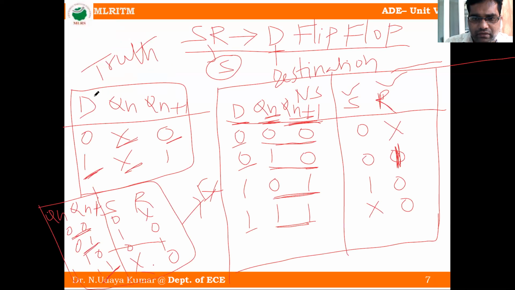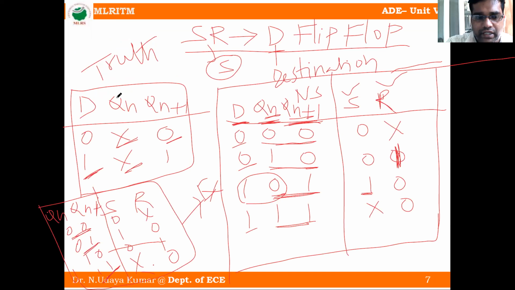Now for S, for 1 0 we are getting 1. If D is equal to 1 and Qn is equal to 0, we will get 1. Then don't care.